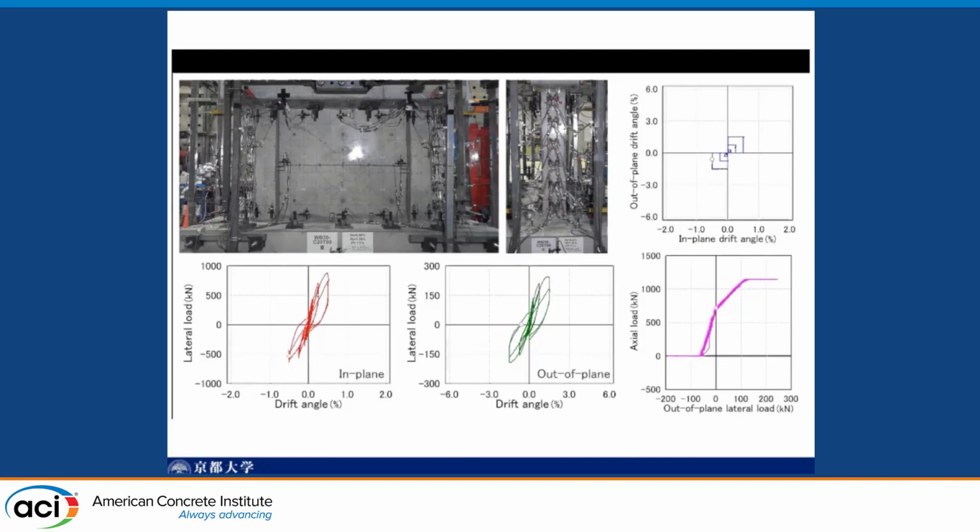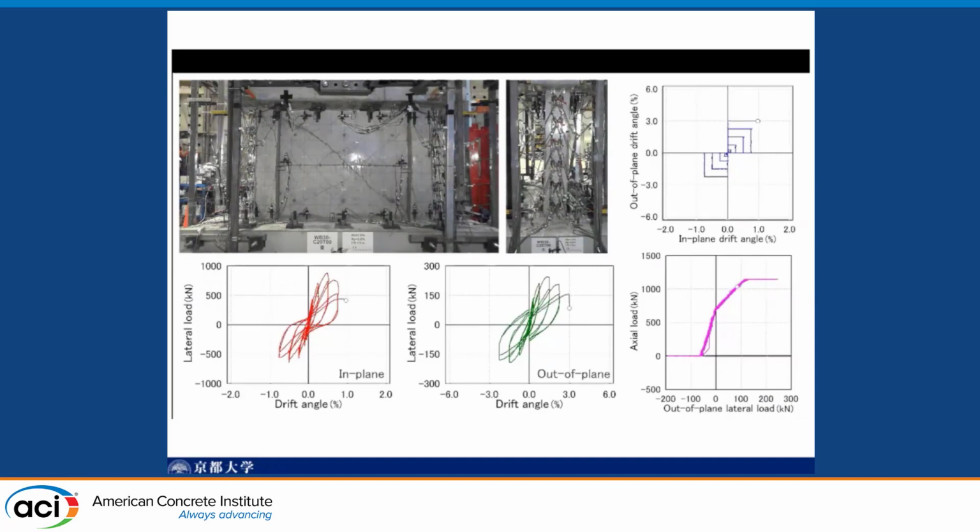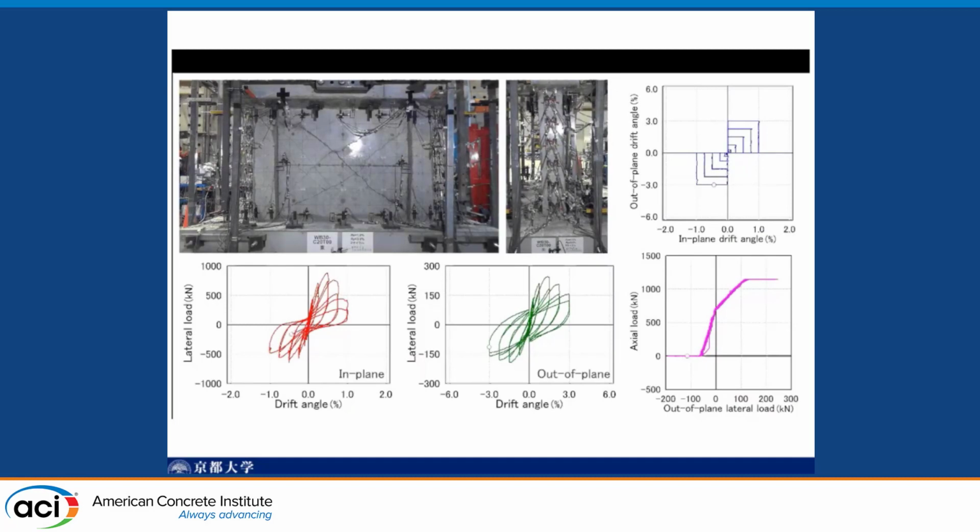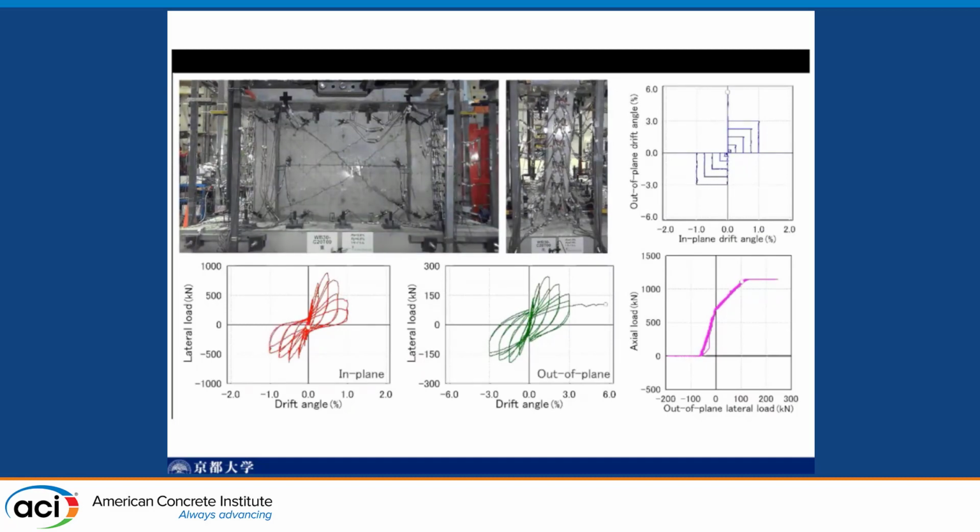And here you can see the axial load variation, and this shows the orbit in the horizontal plane. Now you can see the moving of the specimen.